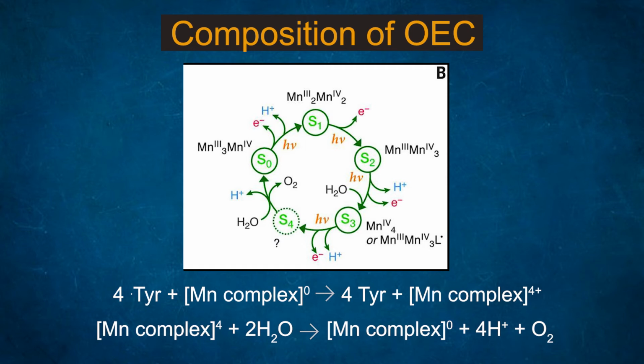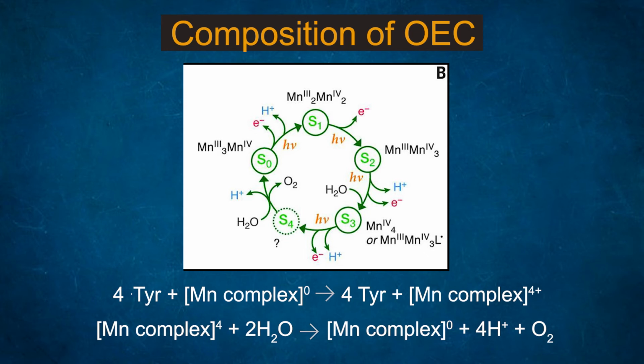So, 4 photons of light will catalyze the photolysis of water. That is, 4 photons of light will cause the splitting of 2 molecules of H2O to produce 1 molecule of oxygen and 4 H plus ions. These 4 H plus ions will be passed into the thylakoid lumen, which will contribute to the proton motive force.